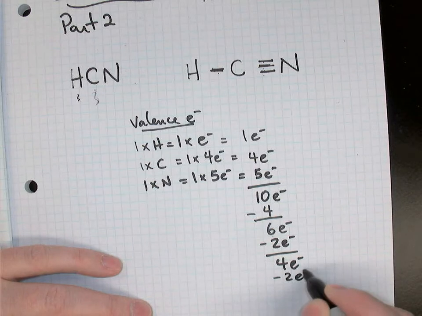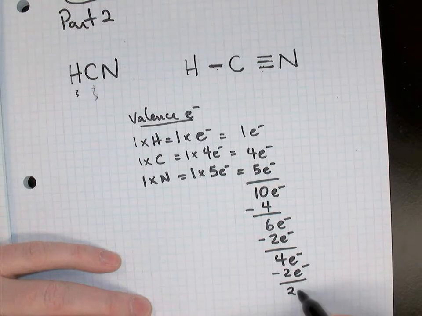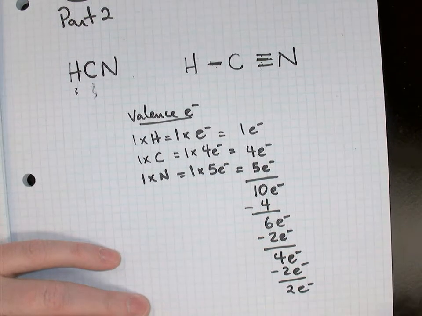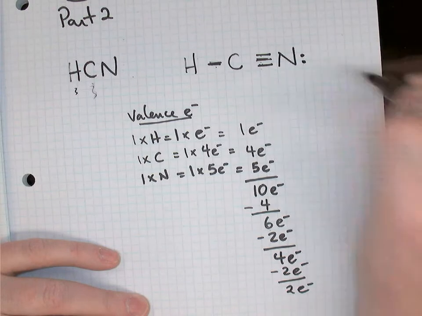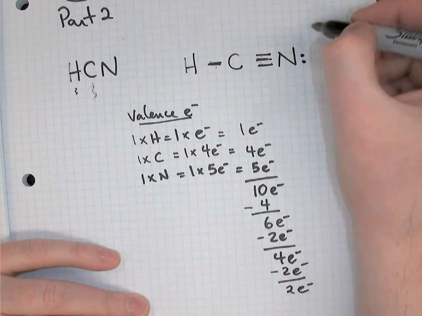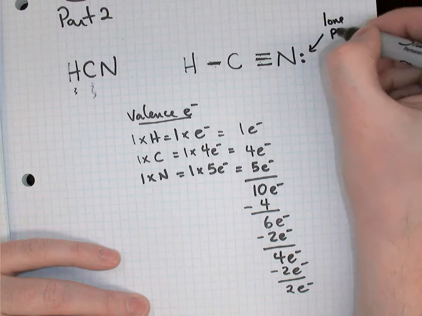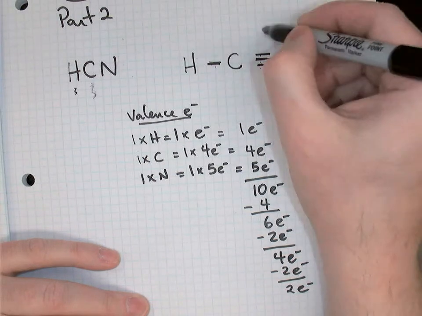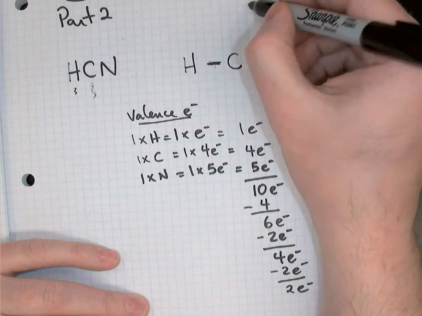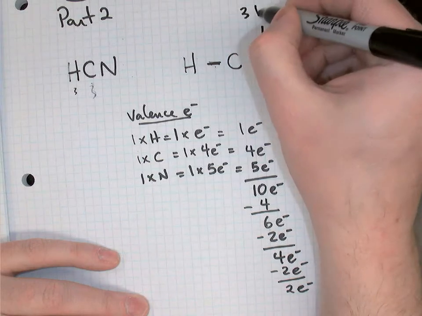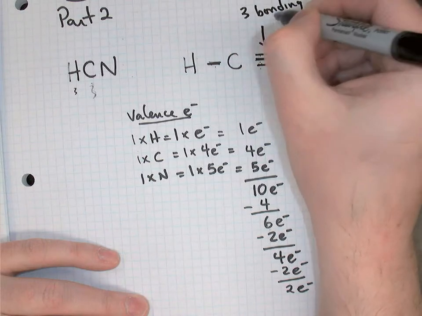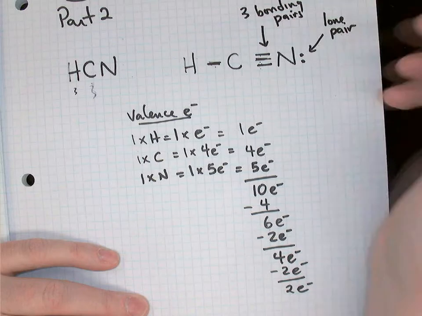When we put on that second bond, that left us with 2 electrons, and we can give those 2 electrons to the nitrogen atom. These 2 here by themselves are referred to as a lone pair of electrons. And here we have 3 bonding pairs in that one triple bond.